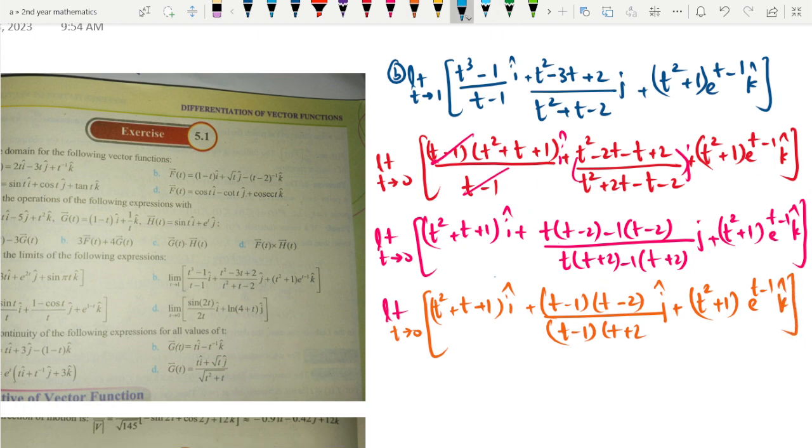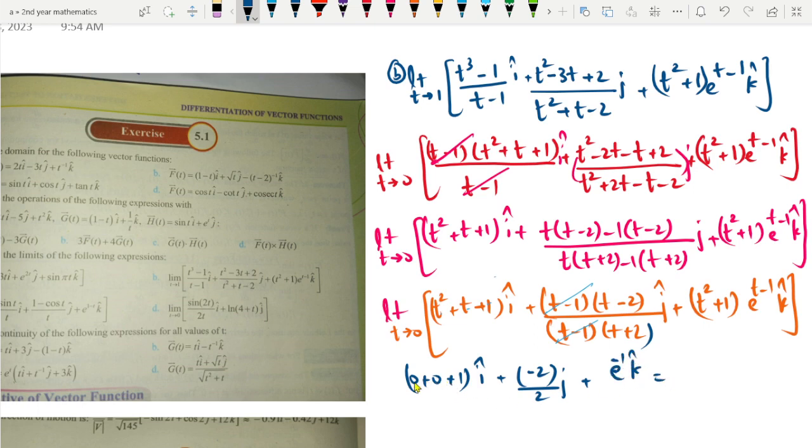So simplify this. Putting the limit t equal to 0, the factor t minus 1 is cancelled. This will become 0 plus 1 i, and plus 0 minus 2 over 0 plus 2, which is minus 1 j, and here 0 plus 1 into e^(0 minus 1) k.